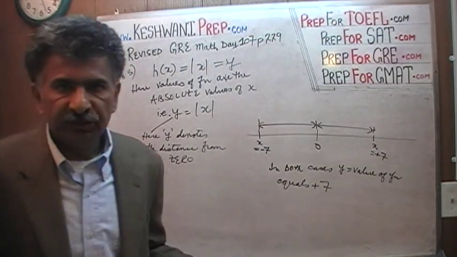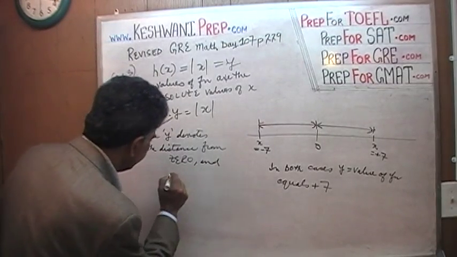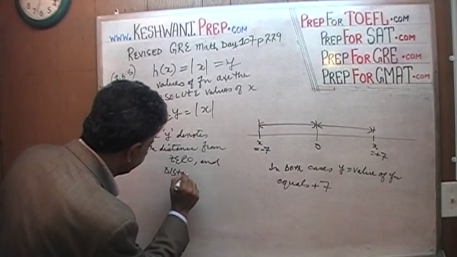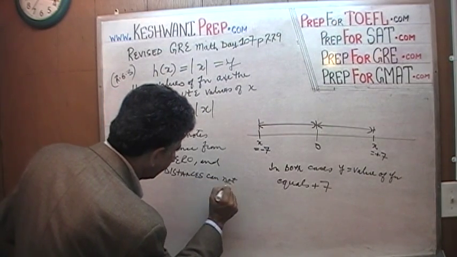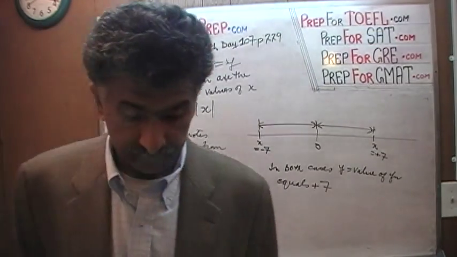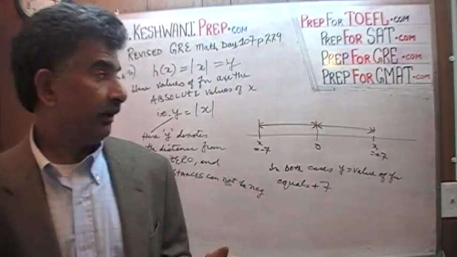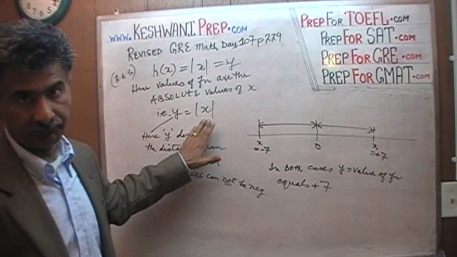And distance just means distance. Distance cannot be negative. Distances by definition are positive, which is why we write this as an absolute value of x.